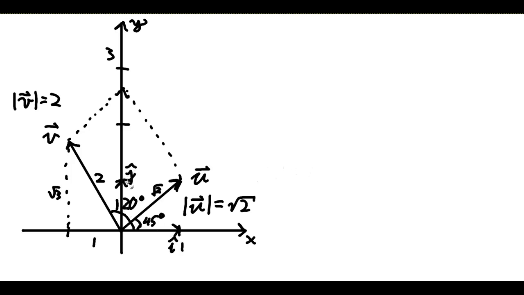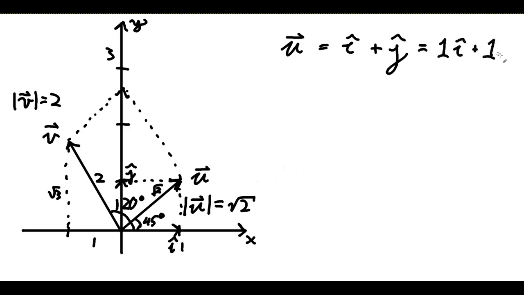And looking at i and j, and again thinking about the parallelogram law, i plus j would give us u, wouldn't it? So the vector u is equal to the vector sum of i and j. It is the resultant of these two vectors, right? And if we want, we could write that as 1i plus 1j.